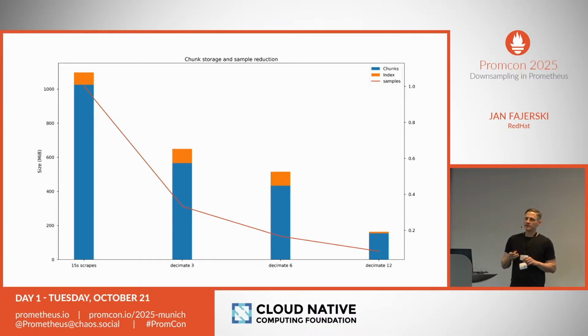And you can see that the chunk storage certainly does not scale linearly with the number of samples. And I guess many people expected that here. Basically, the TSDB loses compression efficiency when you downsample, right? So yeah, I think that's something we will have to keep in mind when talking about this.